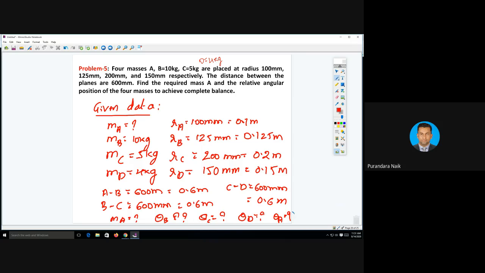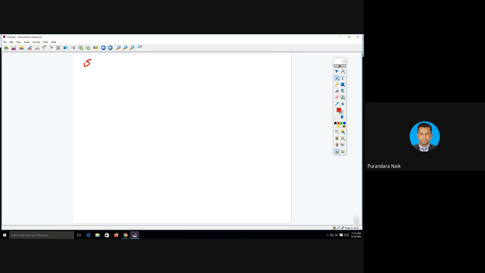Now, let us go to the next step, step 1, that is the space diagram. In the space diagram, we have four different masses. Let us draw the side view, because all the masses are rotating not in a single plane. It is in different planes A, B, C, D. So draw a straight horizontal line.